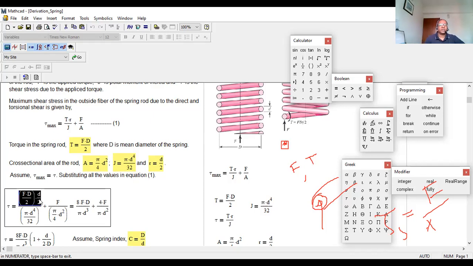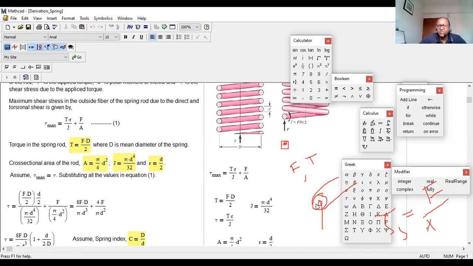Top is TR, this portion. Then F by A. This is F. What is the area of the wire? Pi by 4 d square. That means this area.